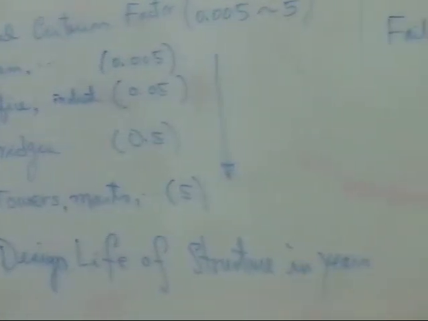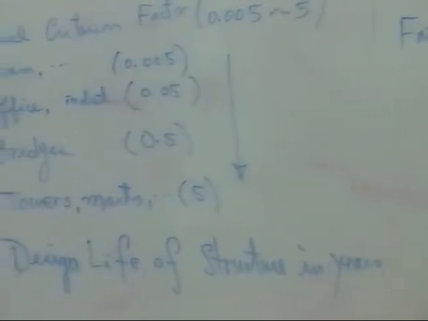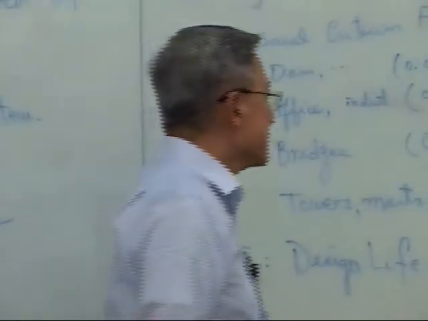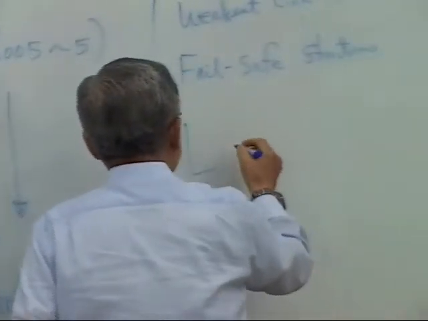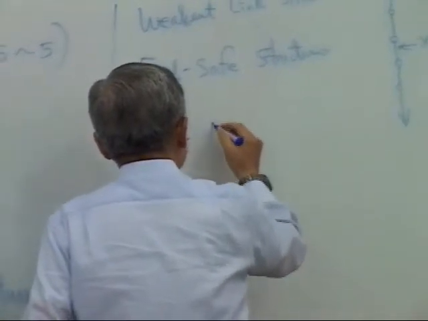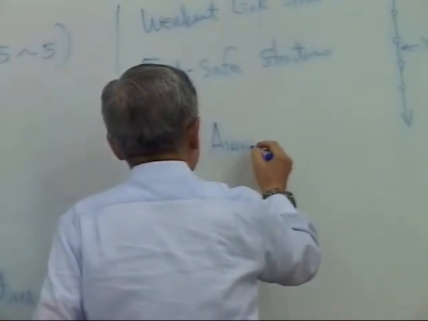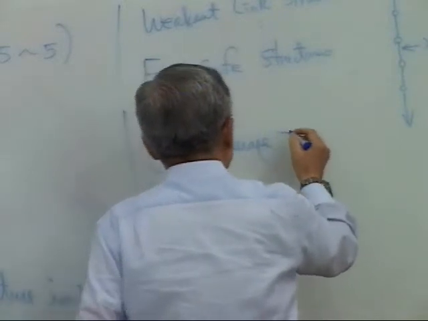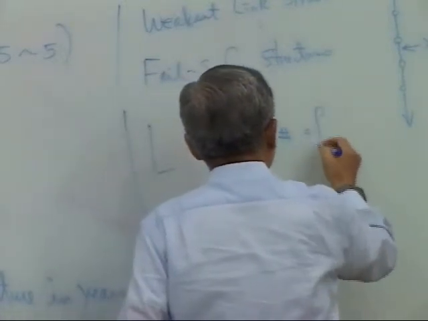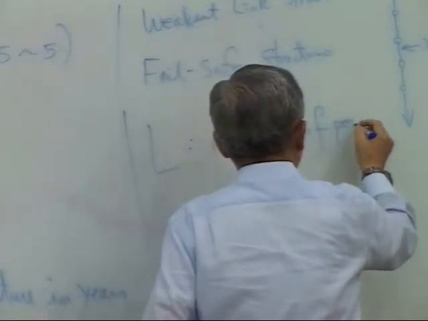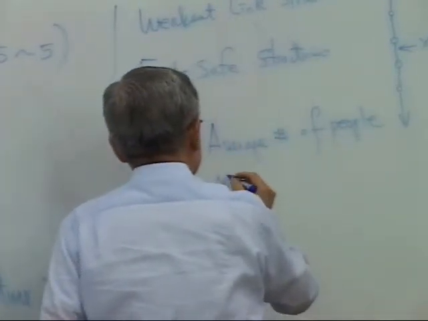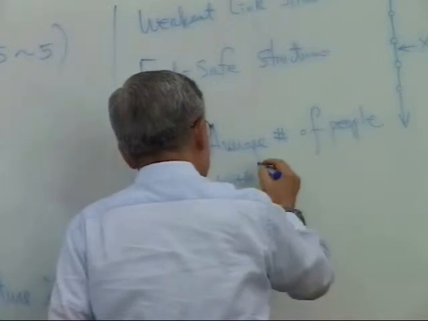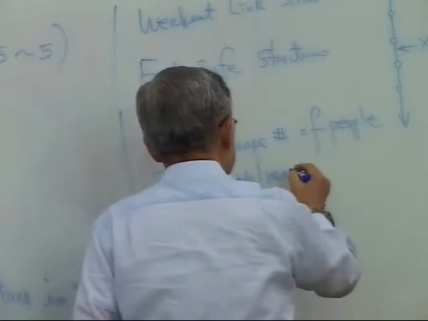And L is the average number of people within the structure or nearby.